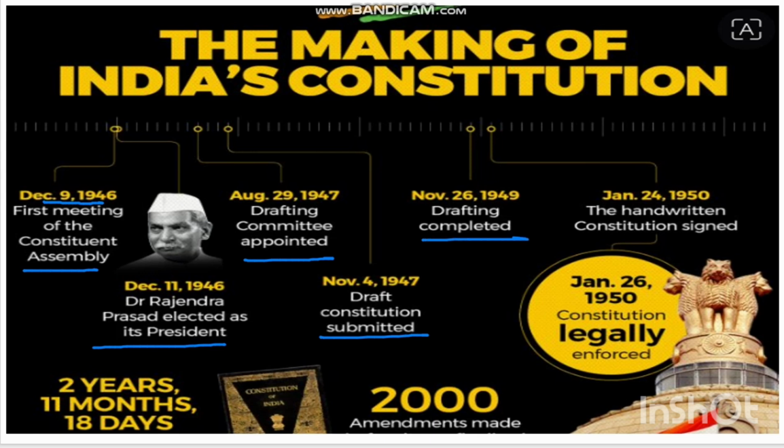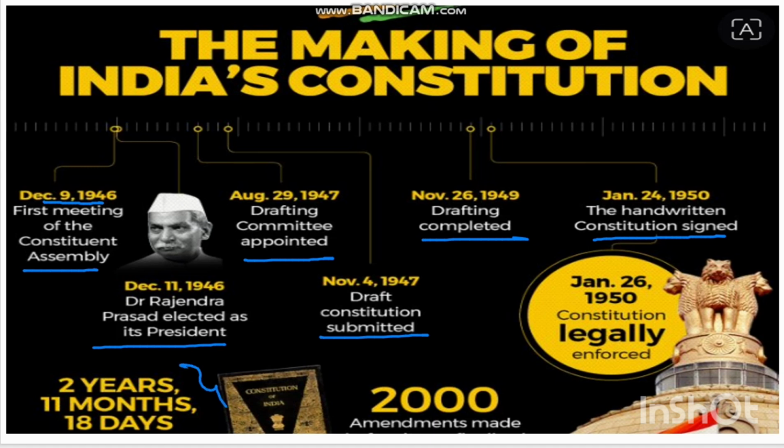And on November 26, 1949, the drafting of the entire constitution was completed, and on January 24, the constitution was signed by the members of the Constituent Assembly.